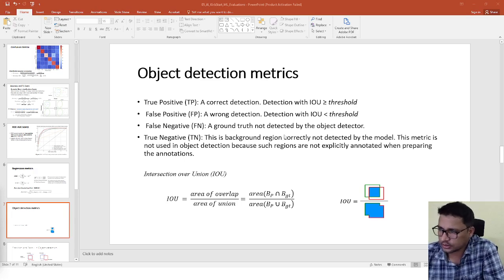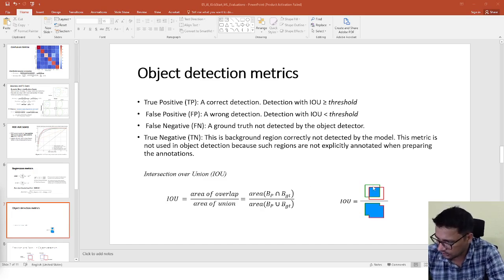Now in object detection we have different evaluation metrics, and one of them is IOU, intersection over union. Here, the blue rectangle or bounding box is the actual ground truth, and the red one is predicted by the model.